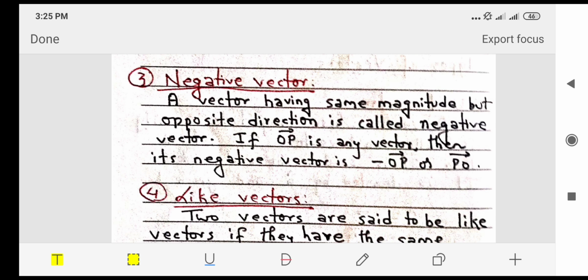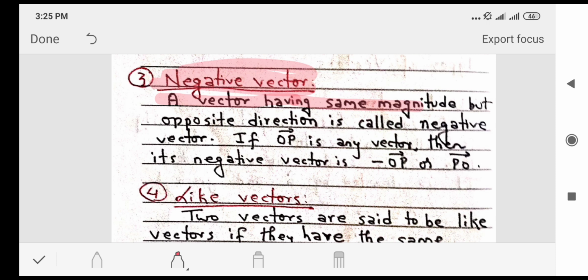Negative vector. Our next type of vector, or third type of vector, is negative vector. So what type of vector is called negative vector? Let us see, my dear friends. A vector having the same magnitude but opposite direction is called negative vector.